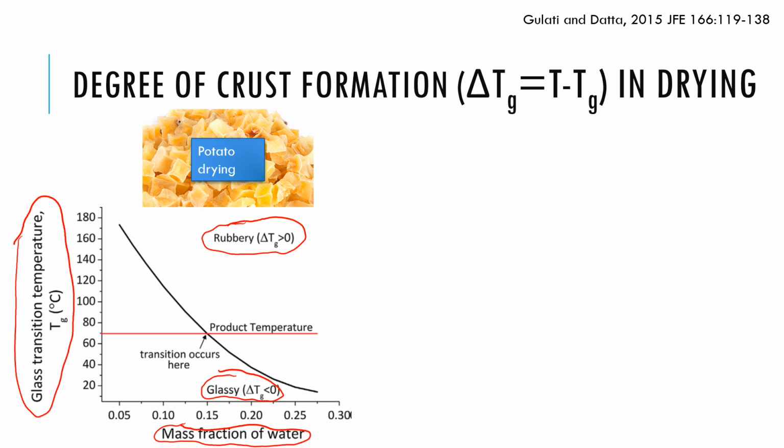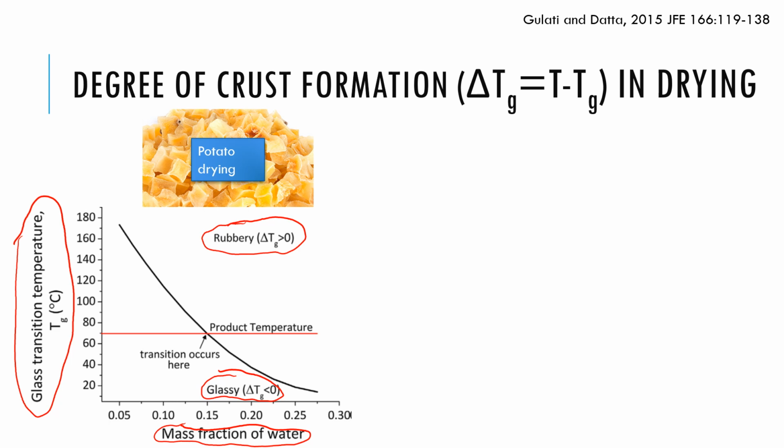This information about the material is either available or needs to be obtained, of course, to describe the material. But given this material information, just from the process model, we can predict whether there is going to be this hard shell formation or whether it's going to be rubbery or glassy.